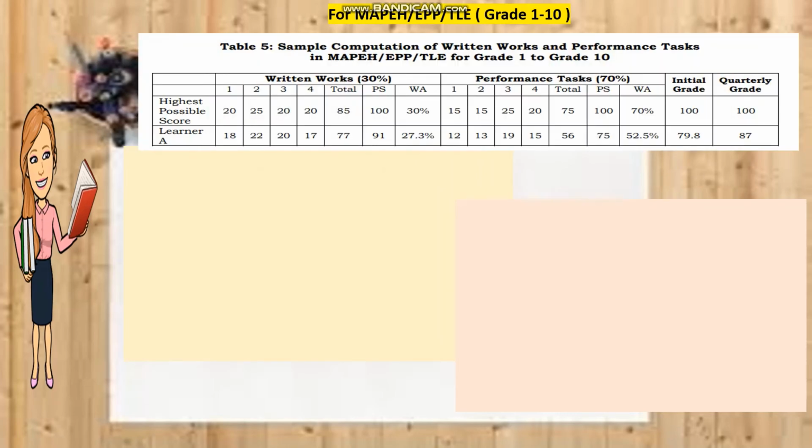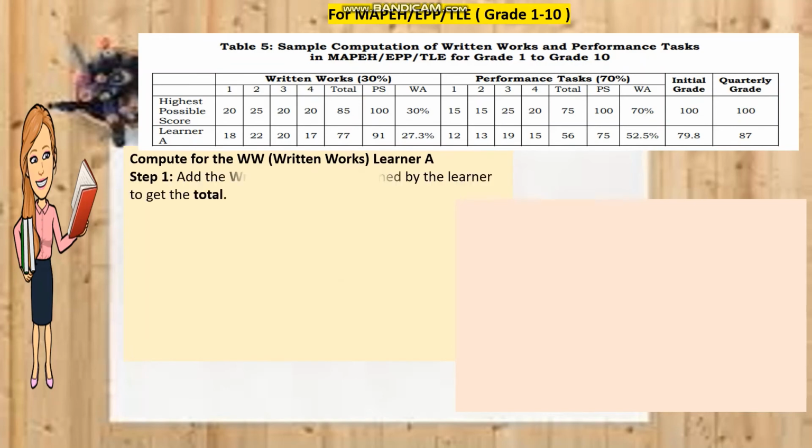For EPP-TLE grades 1 to 10, Table 5, sample computation of written works and performance tasks. Compute for the written works of learner A. Step 1. Add the written works 1 to 4 obtained by the learner to get the total. Step 2. Compute for the partial score.